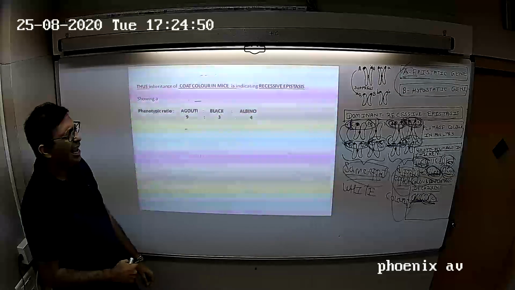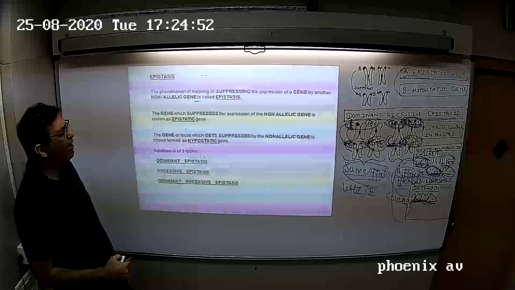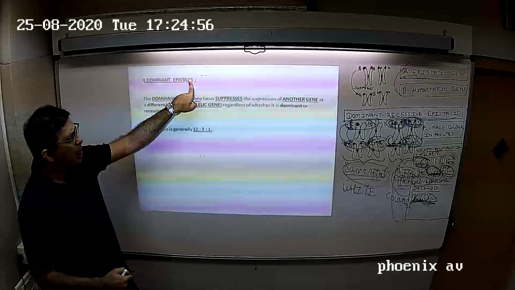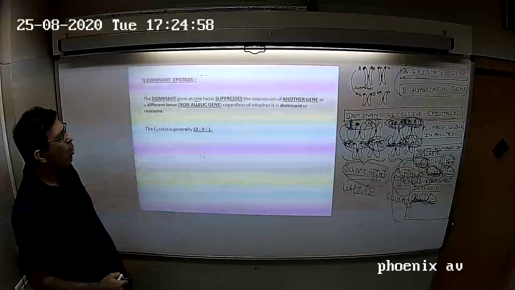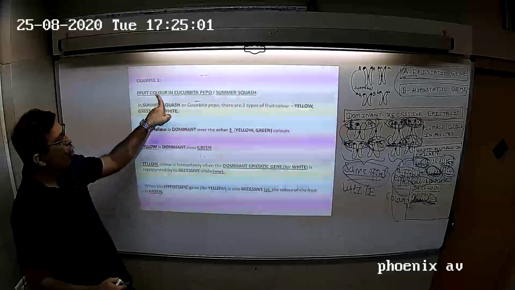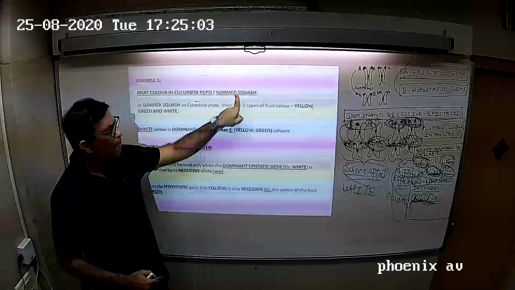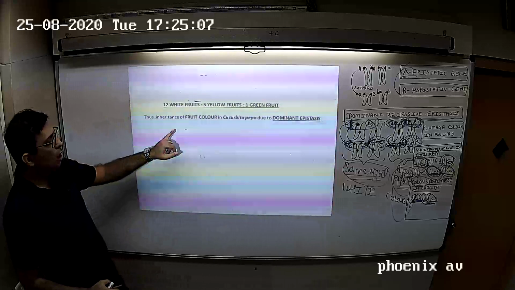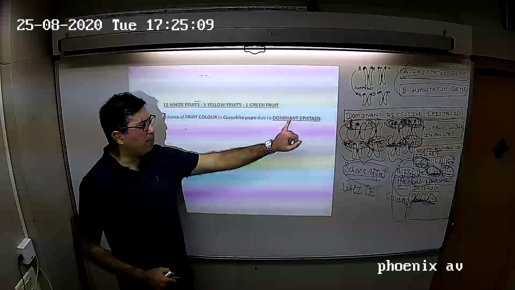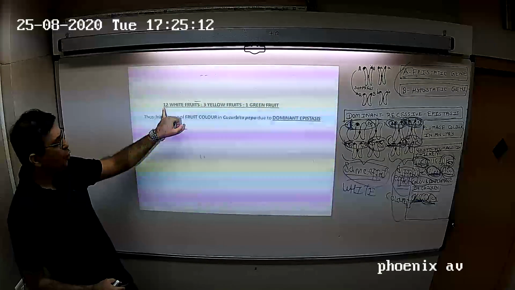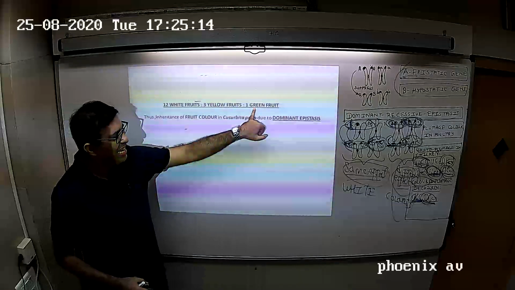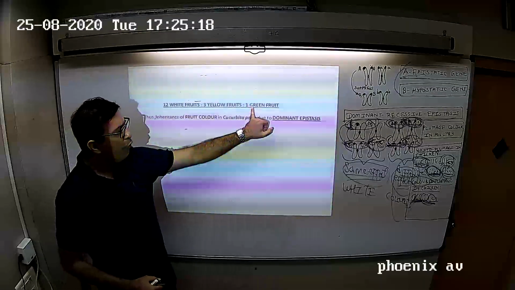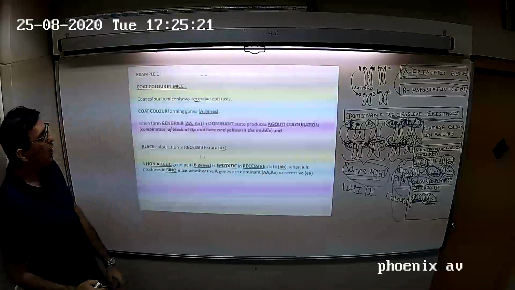So once again, rapid fire, I want you all to remember. Dominant epistasis is found in fruit coloring of Cucurbita pepo, summer squash, showing a 12:3:1 ratio: 12 white fruits, 3 yellow fruits, 1 green fruit.